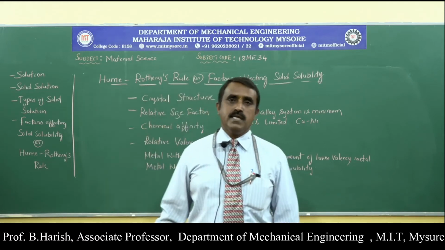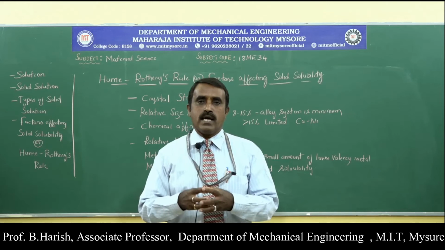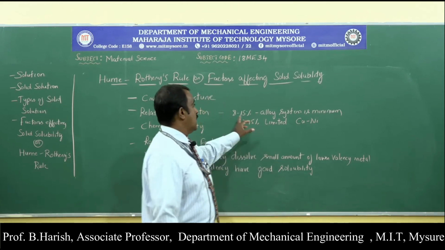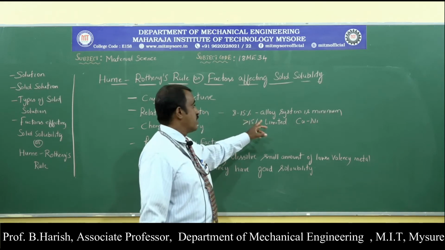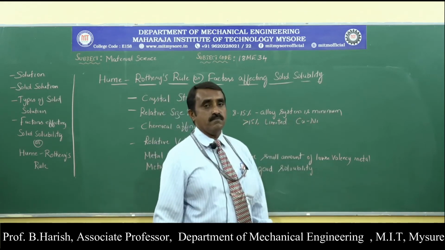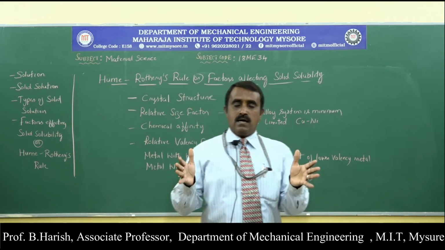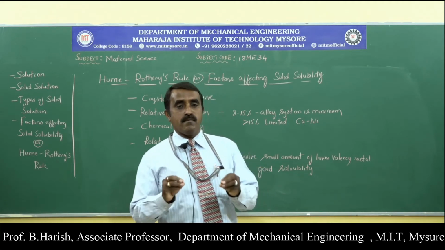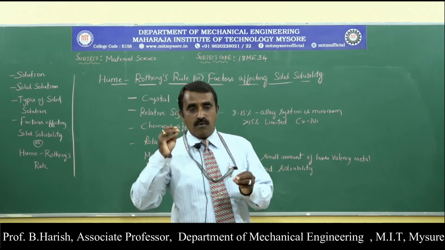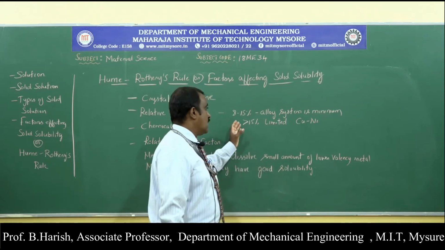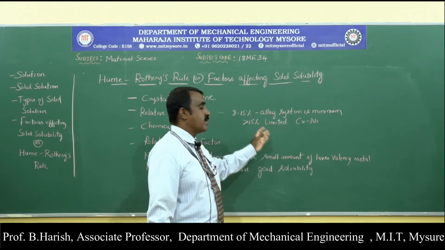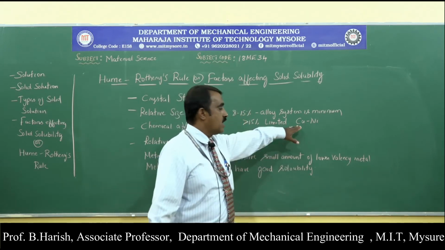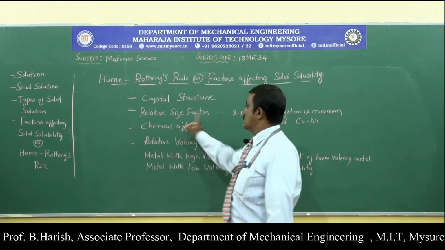He conducted a study and says that if the size variation is between 8 to 15%, then the alloy formation will be minimum, that is, an alloy with less combination we can get. On the other hand, if it is greater than 15%, it is almost limited, we cannot form an alloy. A very good example is copper and nickel for this relative size factor.